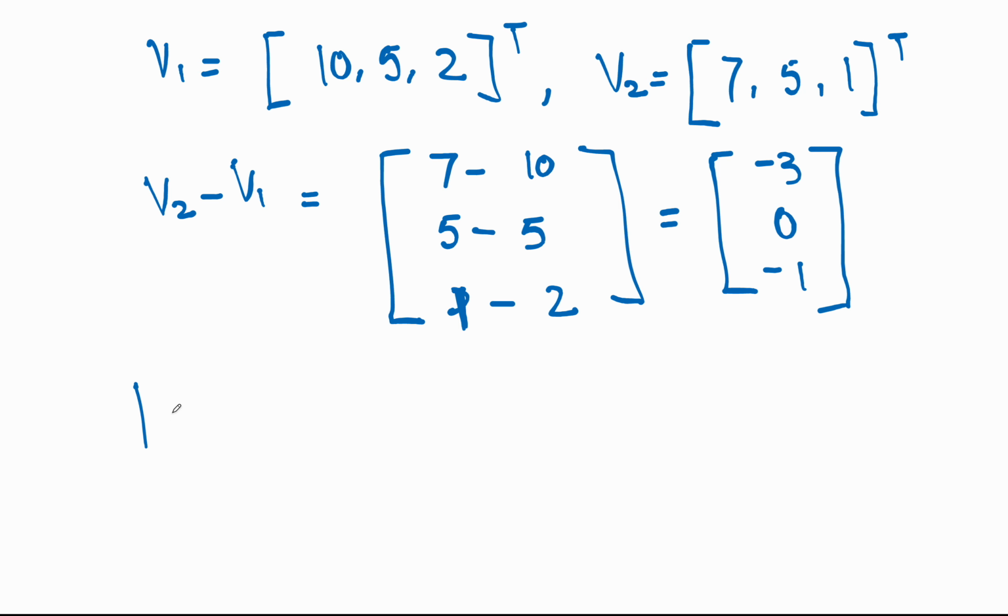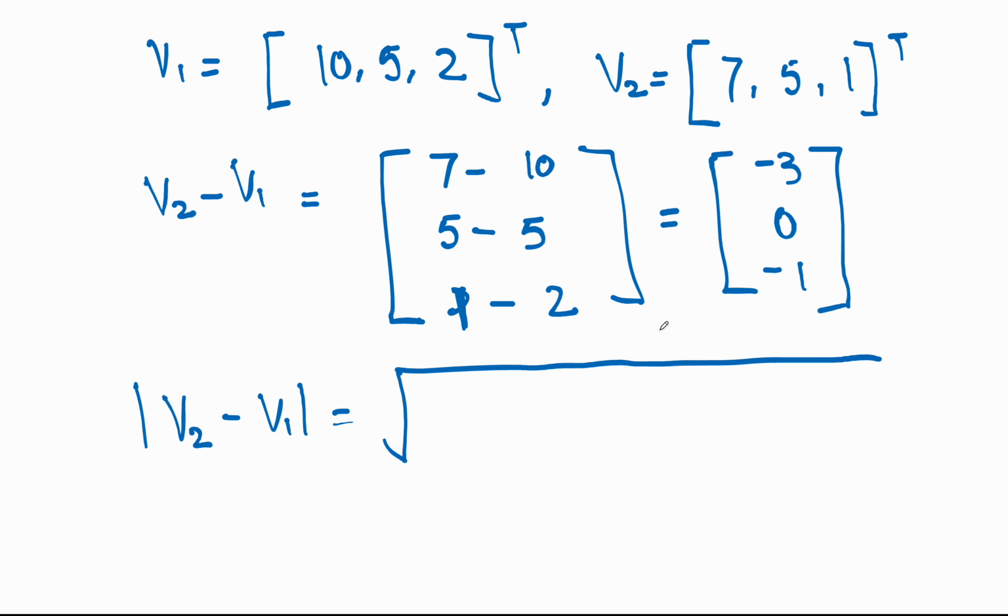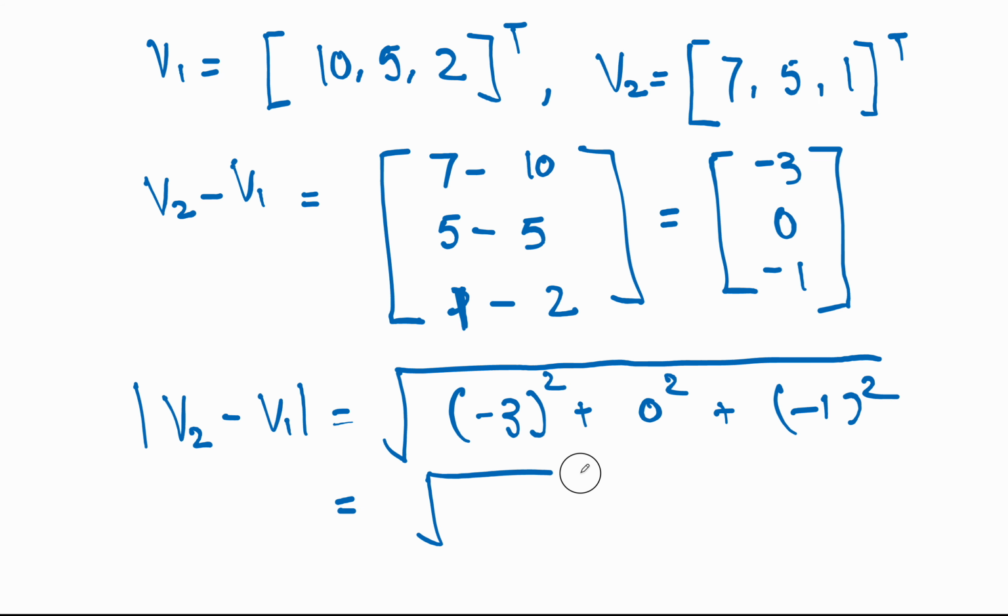Now if we take the magnitude of this, that will be the sum of squares of all the components, so that will be minus 3 square plus 0 square plus minus 1 square, and that will be 9 plus 1, which is the square root of 10.